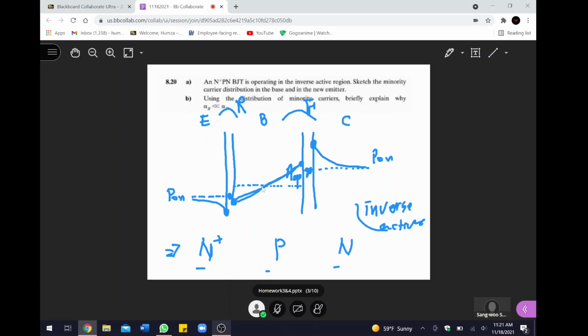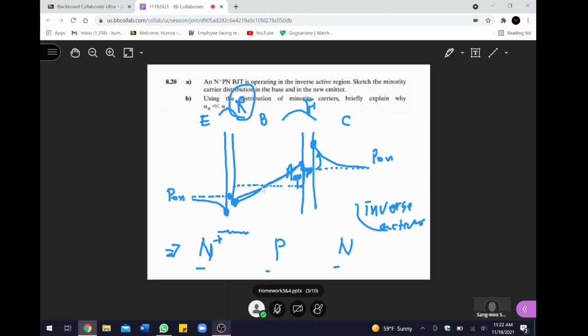As you can see, when you reverse bias, the minority carrier concentration is lower than your thermal equilibrium concentration, so you have this kind of drawing. When you apply forward bias, the minority carrier concentration increases from your thermal equilibrium value. Okay, thank you.